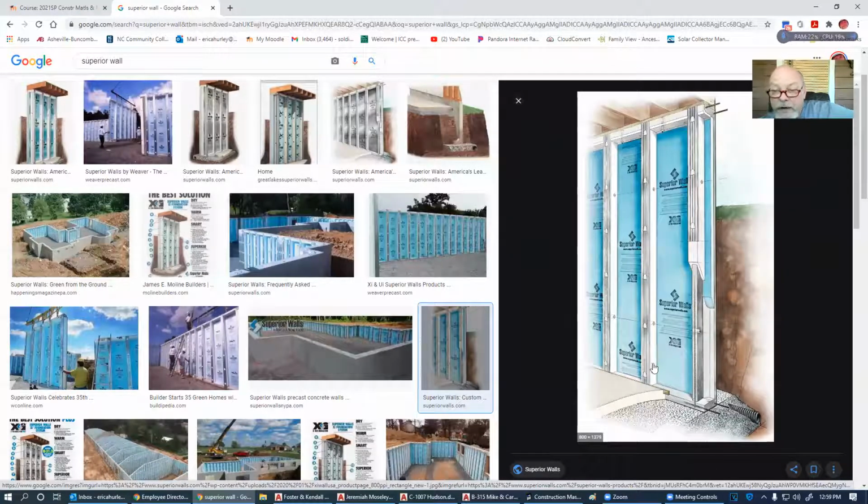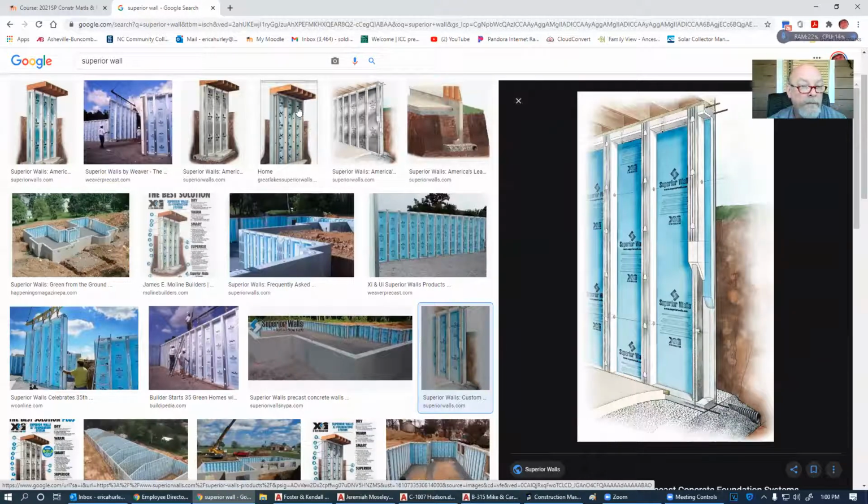So Superior Walls are becoming more sought after. It's a little bit more expensive, but you don't have to pour concrete footings. It can be put in a day, and the next day you can start framing. There's a lot of pluses to this. The only negative, to my knowledge, is that it is a little bit more expensive.